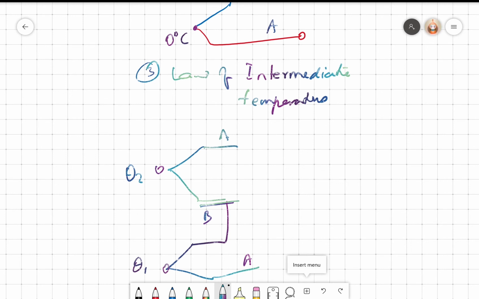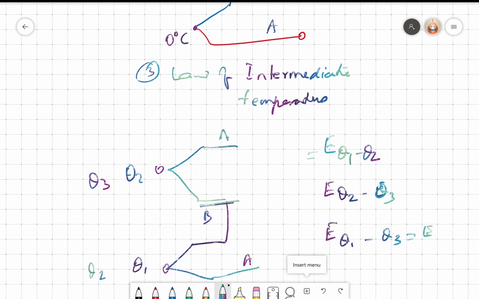Then I have another, so I have E theta 1, theta 2, and I now put E theta 2 to E theta 3. I put theta 2 here and I get theta 3 here. Now if I put theta 1 to E theta 3, I call this E1 and E2, this will be E1 plus E2, because thermocouples are linear devices.